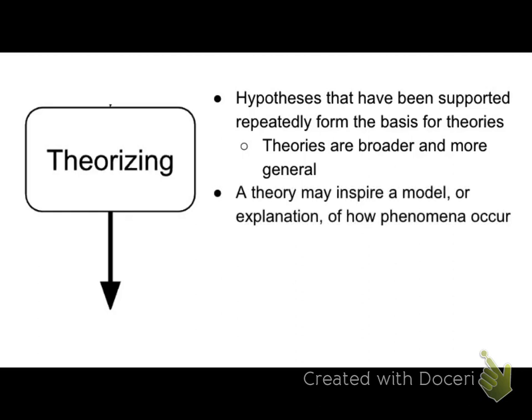And a theory might inspire a model or an explanation of how a phenomenon occurs. The one that I think students might be most familiar with is the theory of plate tectonics. Okay? The theory of plate tectonics explains how the surface of the Earth is broken up into plates and how currents in the mantle cause plates to move around, new crust to form, old crust to be destroyed or deformed.